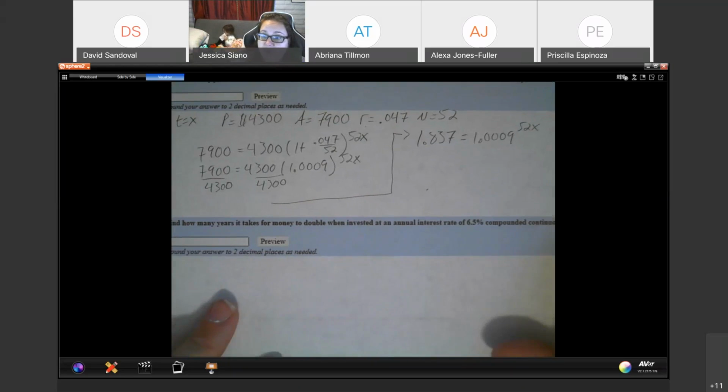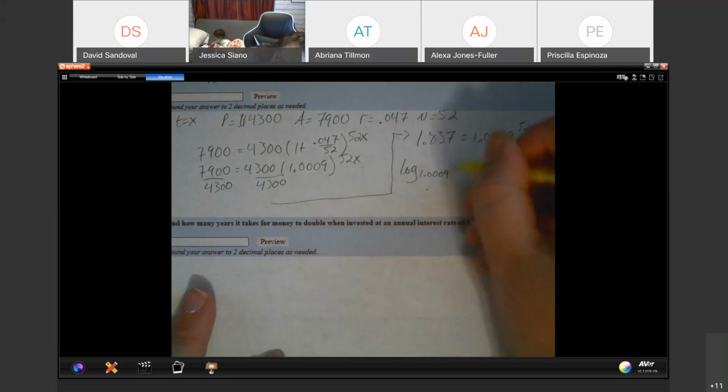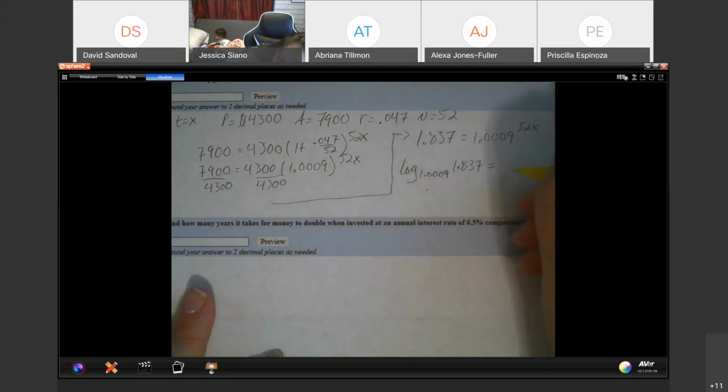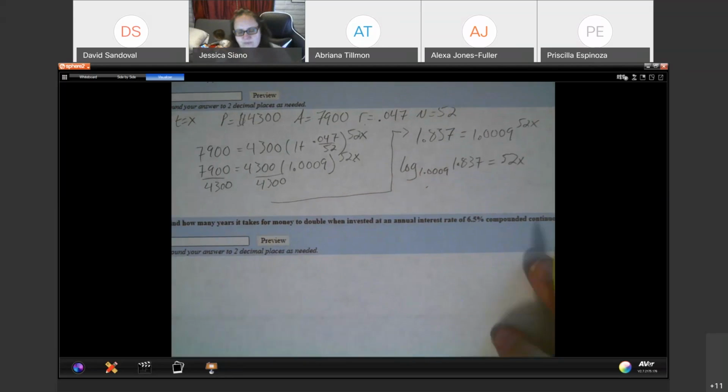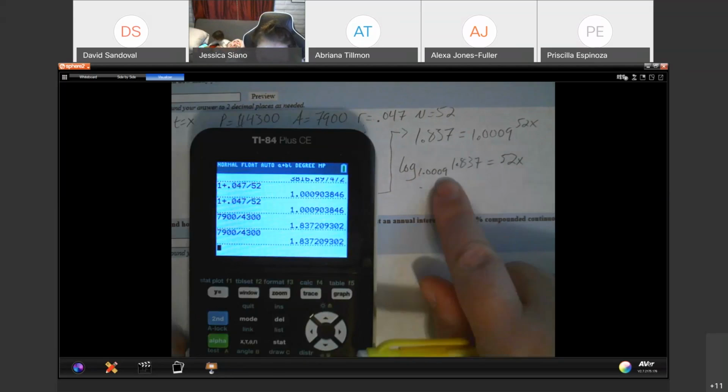Anytime you have a variable in your exponent, turn it into a log. So this would be log with base 1.0009 of 1.837 equals 52x. I'm going to figure out what this is.